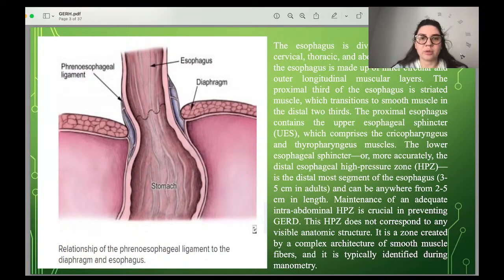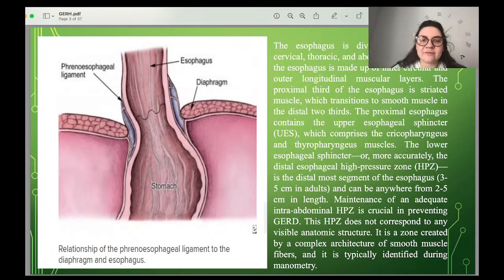We say one more time that the esophagus is divided into cervical, thoracic, and abdominal parts. The esophagus is made up of striated upper and outer longitudinal layers. The proximal third of the esophagus is striated, which transitions to smooth muscle in the distal two thirds.